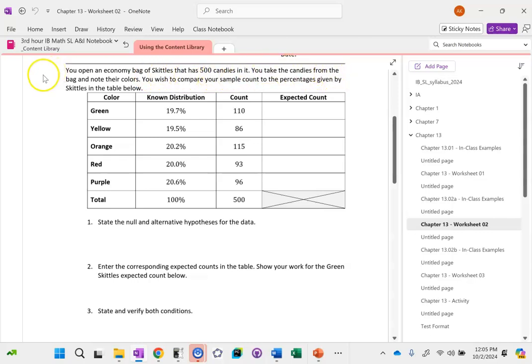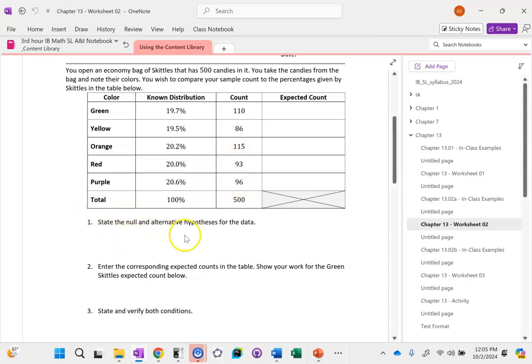You take the candies from the bag and note their colors. You wish to compare your sample count to the percentages given by Skittles in the table below. So we are given a known distribution, and then what we found in our experiment or our sample.